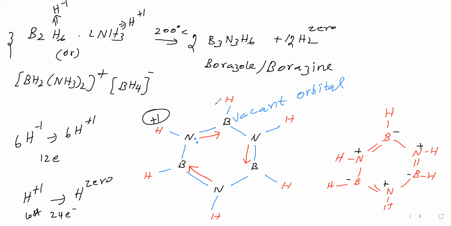What oxidation number should this hydrogen have? That we should know. Then we will see this nitrogen first. This nitrogen oxidation number we want, so let us shift all the bonds towards nitrogen. Then we'll get nitrogen is -3.